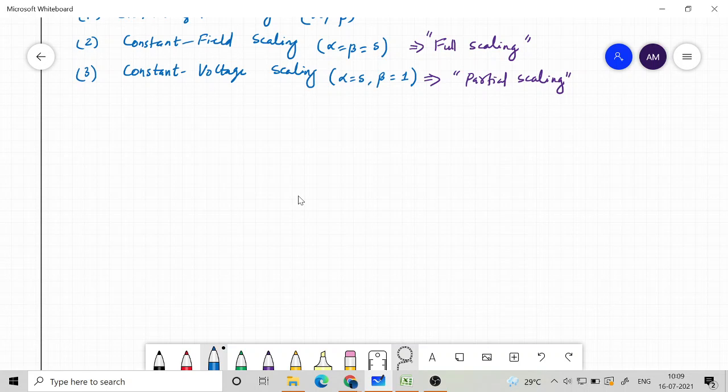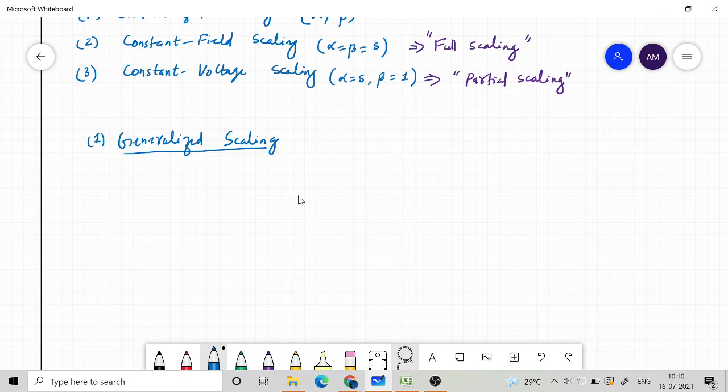So to see that, let's take all the different parameters. The dimensional parameters are getting scaled by a factor S. So we are going to look at number 1, that is generalized scaling.